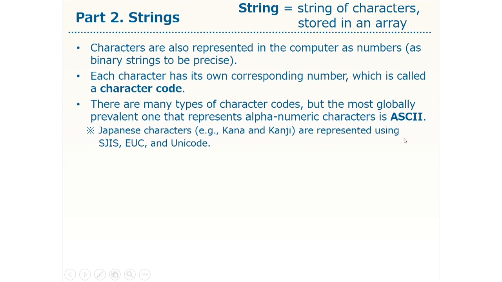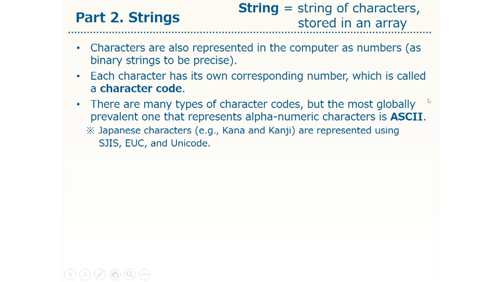On the other hand, for Japanese, the well-known character code is not unique. For example, SJIS, EUC, and Unicode are popular codes for Japanese characters. Note that each code defines its own correspondence. Thus, using Japanese characters, kanji or kana, will be a little too complicated. So we will just consider English letters and only ASCII as our code.